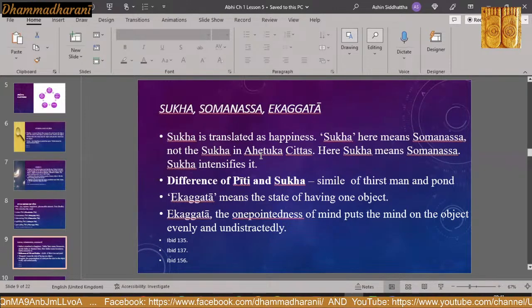When we are meditating, we try to keep our focus on one object. So that's the nature by which we can develop our mental factors, ekaggata, or one-pointedness.